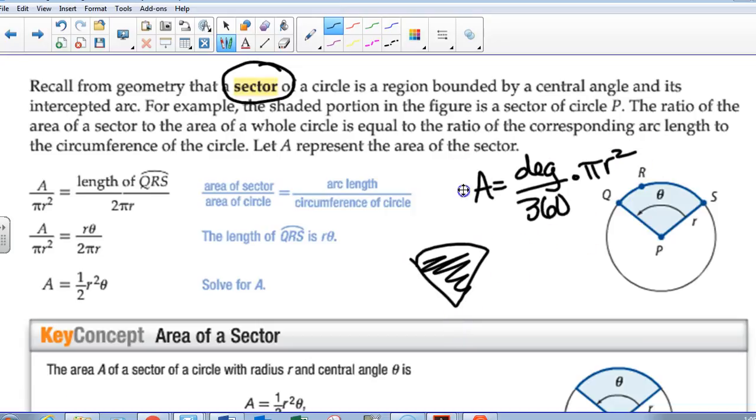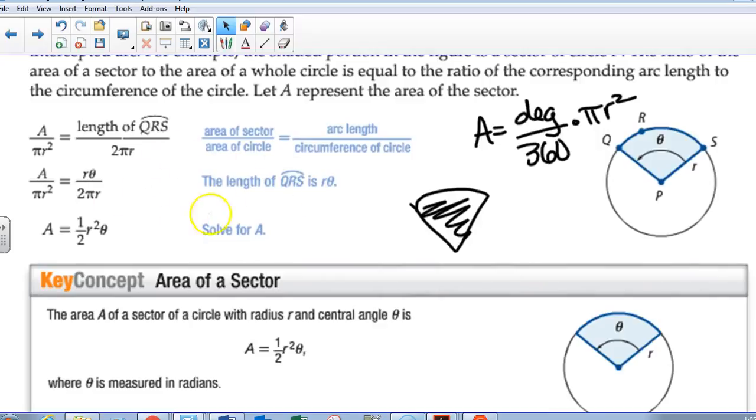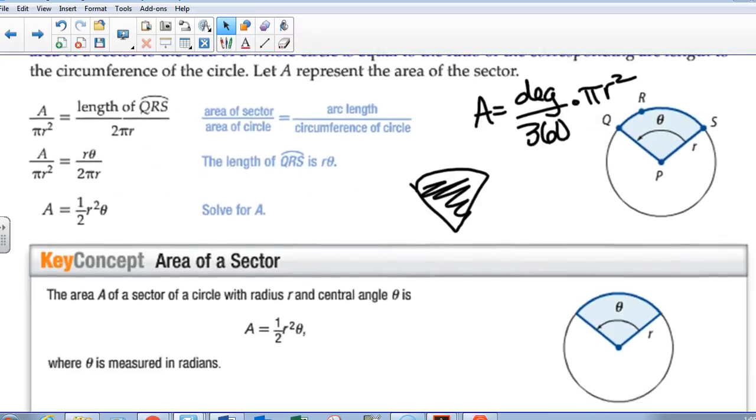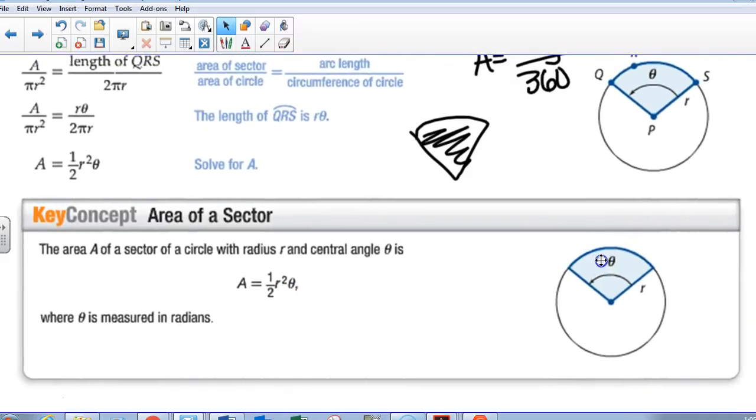That's if you're working in degrees. We're going to work in radians. And they develop a formula for you over here, but again, this is in radians. So we want 1/2 the radius squared times theta. 1/2 r squared theta will give us the area inside here, okay?